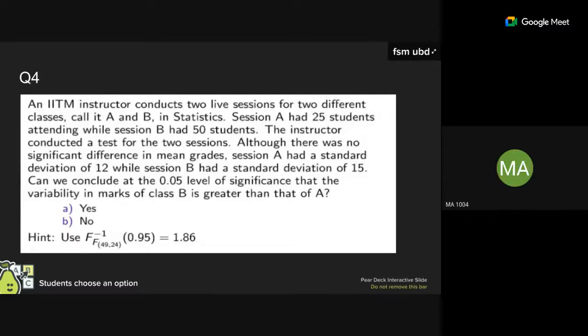So seeing the hint, you can also identify whether you have to take the left critical value or the right critical value. Here it turns out that you have to take the right critical value.